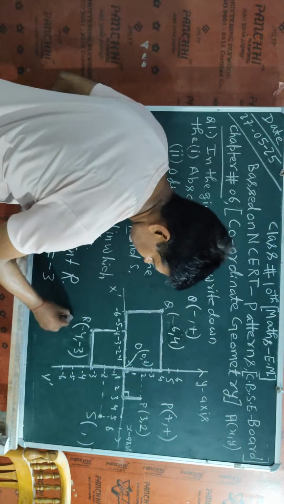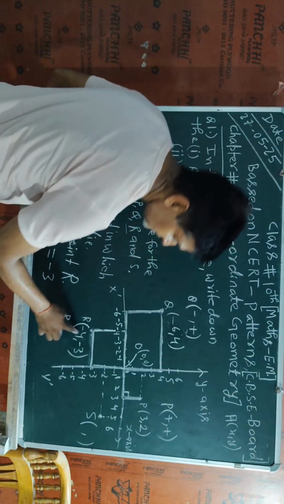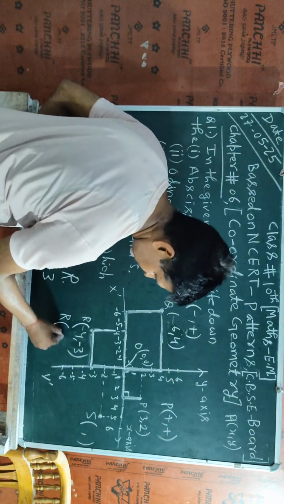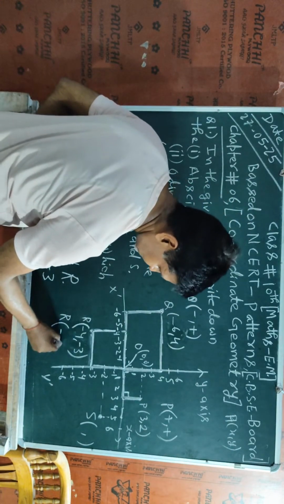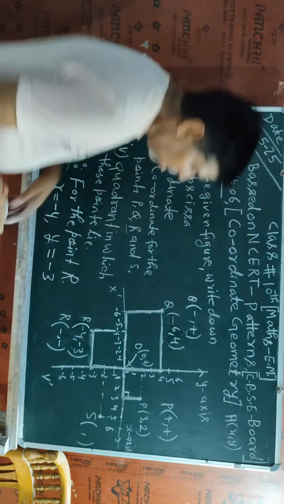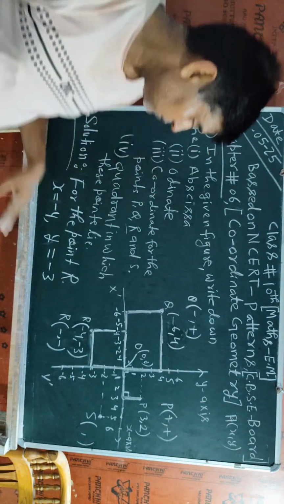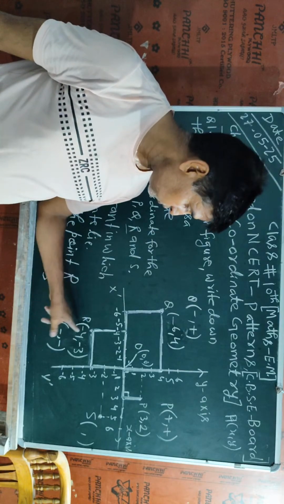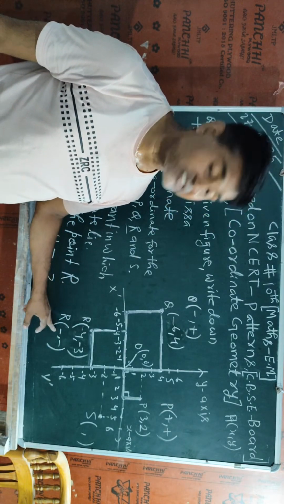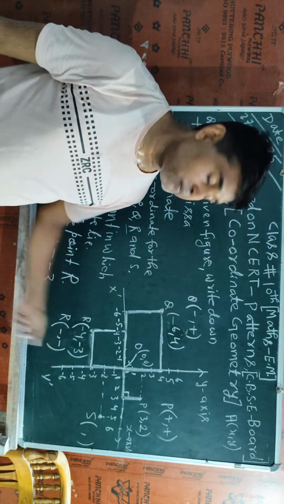For the sign convention I will take the sign from the 4, that is minus, and from minus 3 I will take the sign, which will be minus. So for the point R, I have got the sign convention minus comma minus.